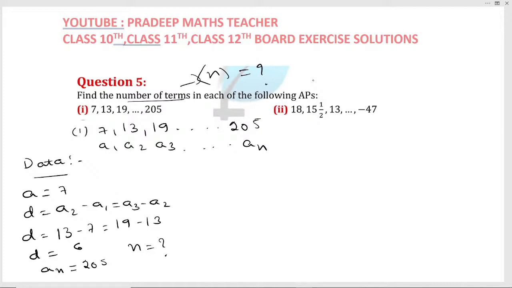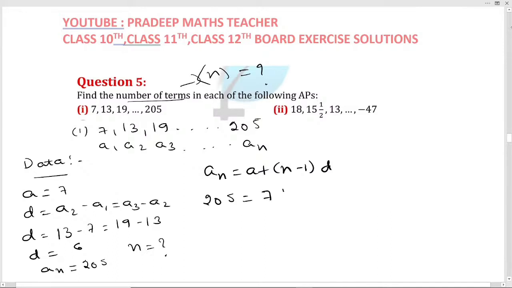So I'll write the nth term formula: an equals a plus n minus 1 into d. Now just apply the data to the formula. So an is 205 equals a is 7 plus n minus 1 into d. The common difference is 6.